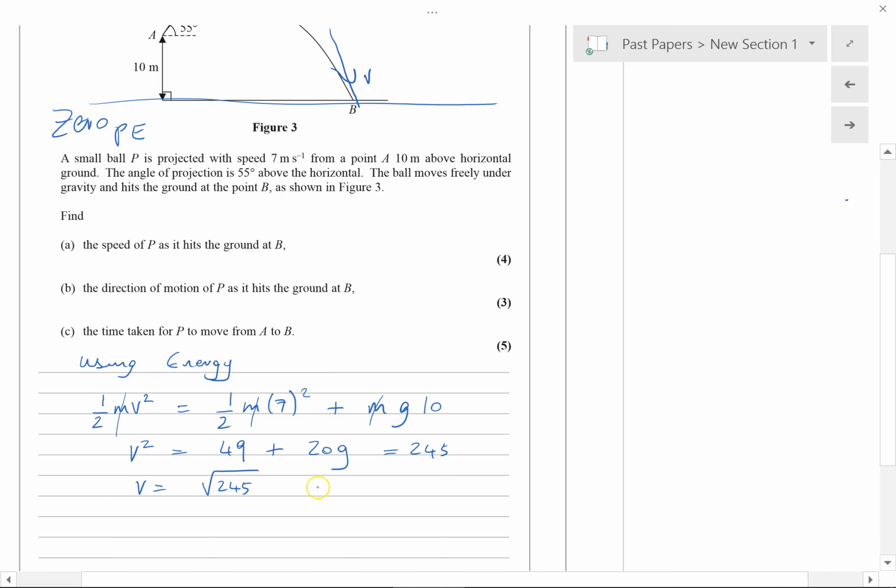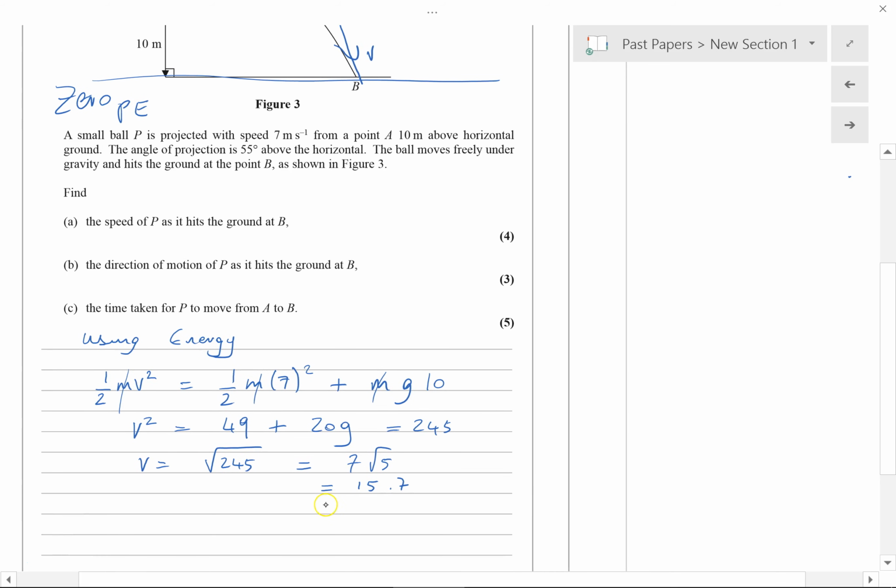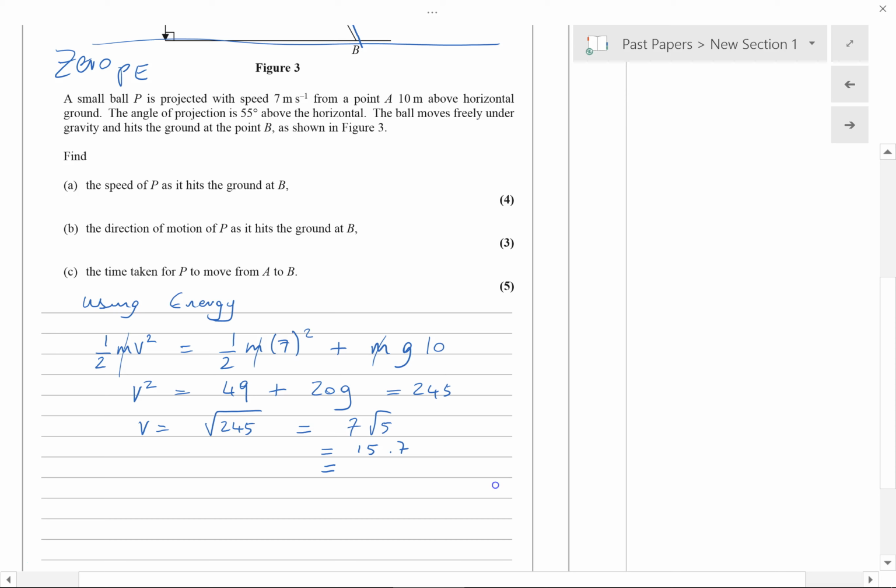Which is 15, which I think we would be allowed to give as a third, because it hasn't specified, but let's just, we can give almost every possible answer here. We can give it as 7 root 5, which was accepted. We can give it as 3 significant figures, which is 15.7. Or we can give it as 2 significant figures, which is 16. Take your pick.